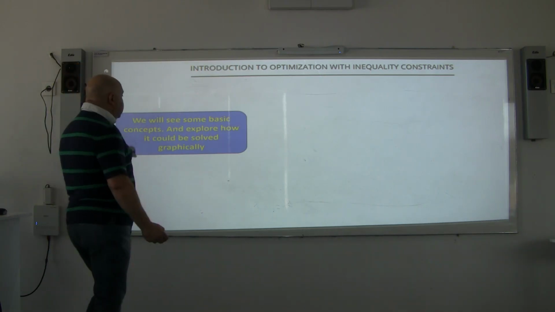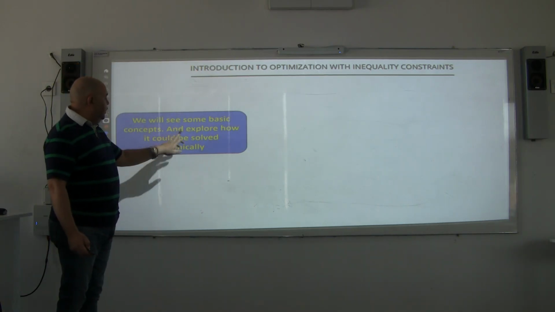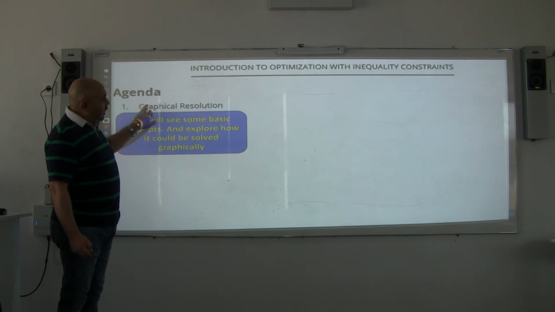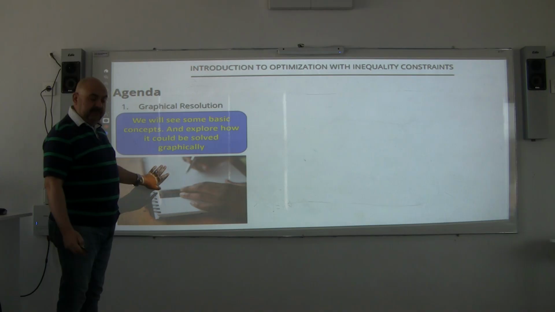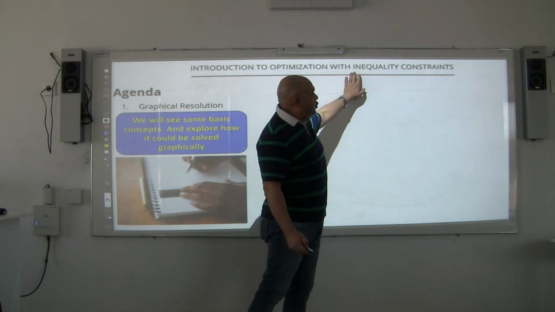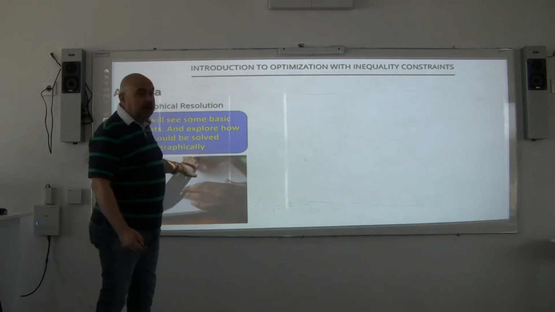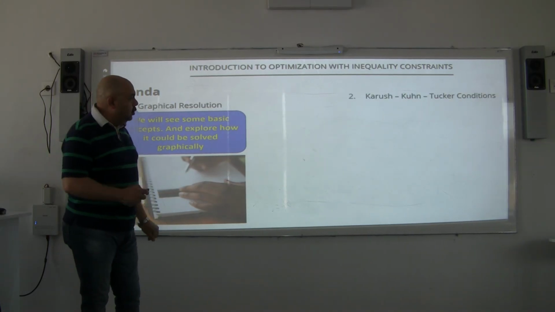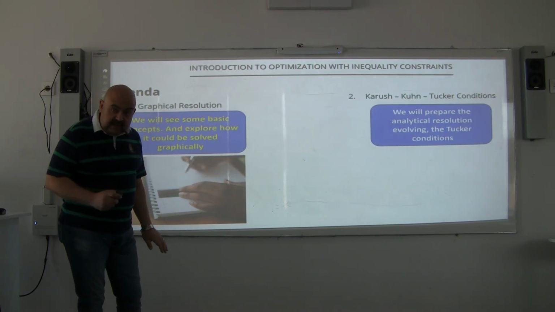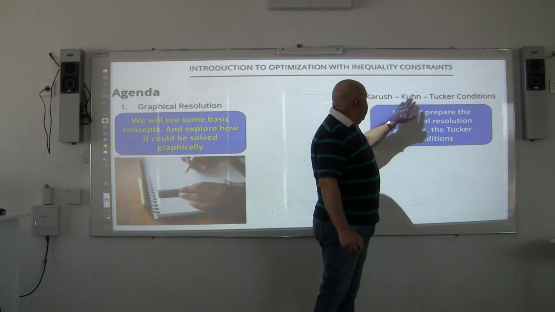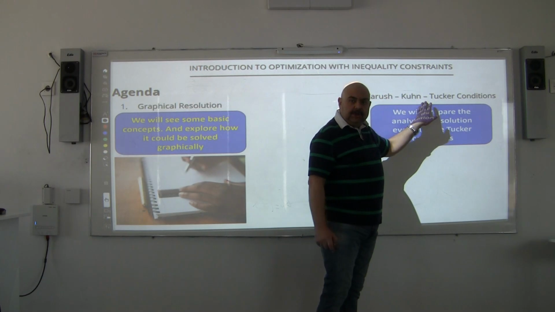Okay, we will see some basic concepts and explore how it could be solved graphically. This is the first graphical method for trying to analyze the case of inequality constraints. You will find it described in detail in the main slides, and I will also talk about them. The last thing is the Karush-Kuhn-Tucker conditions, or the KKT conditions.